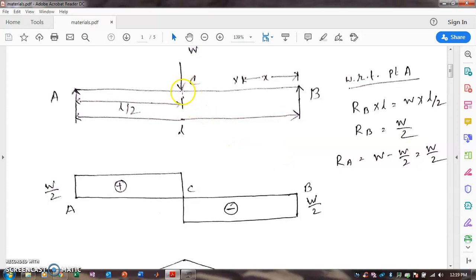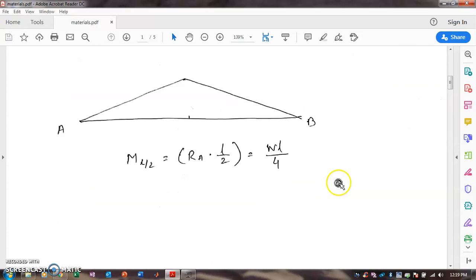So till point C, the only force on the right hand side is RB. So moment is RB into X. At point C, the moment is how much? RB into X, and at C, X is L by 2. So moment is RB into L by 2. That means W by 2 into L by 2, that is WL by 4.